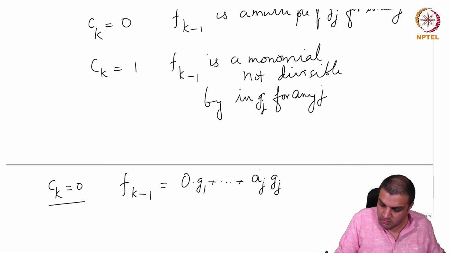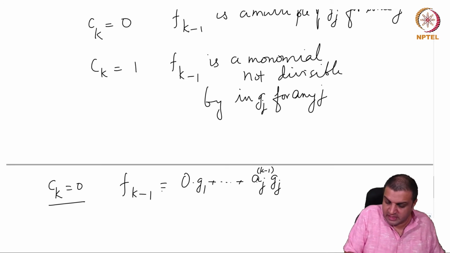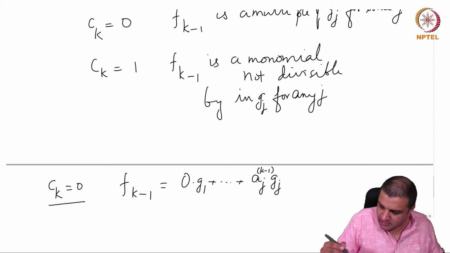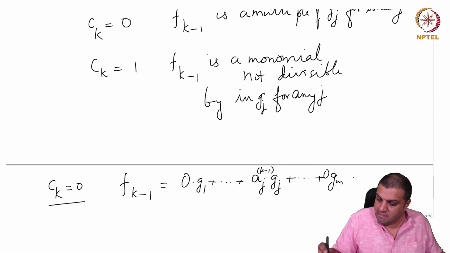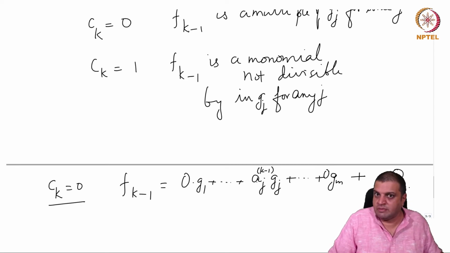Maybe we will put an index here, k minus 1, to say that we are worried about the k minus 1 stage, and so on up to 0 times gn, plus 0. This is the stand-in for the remainder r.